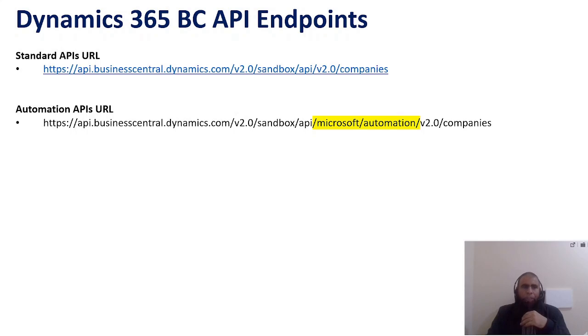We play with the standard API, but we only use automation APIs when we want to create a new company, or when we want to interact with user permissions, etc.